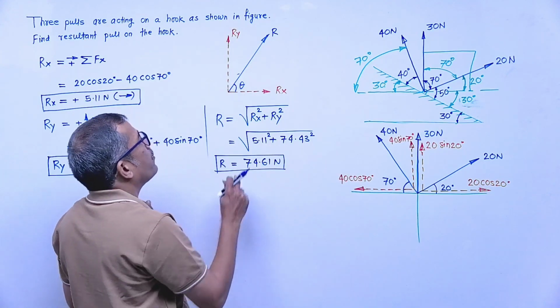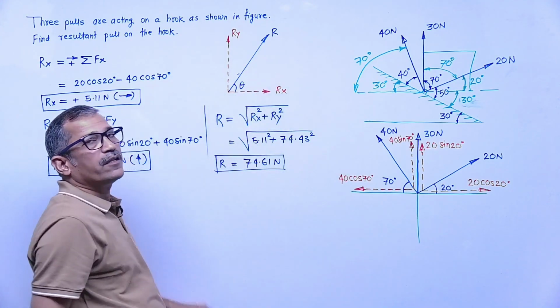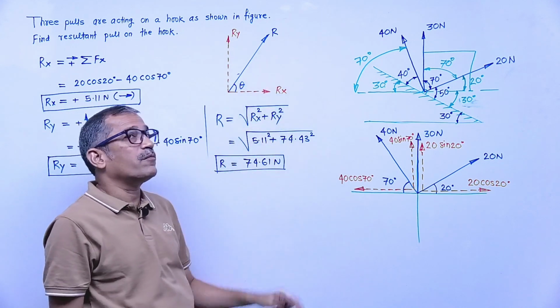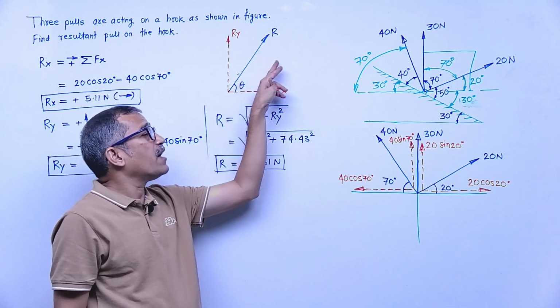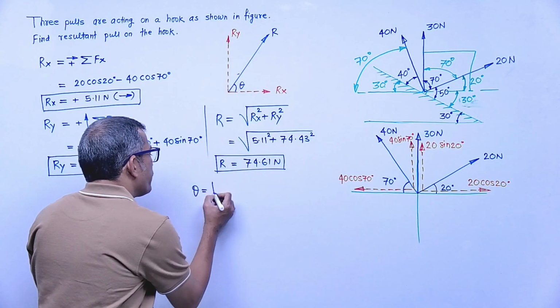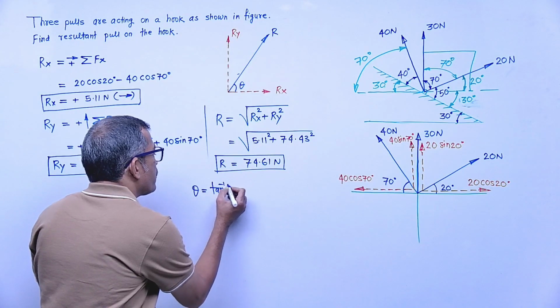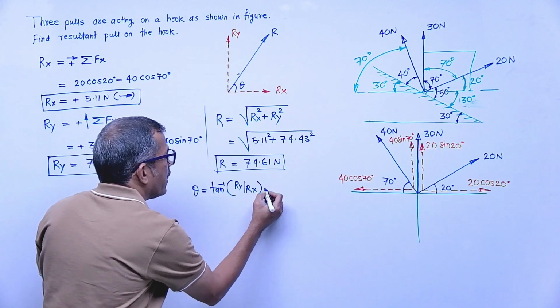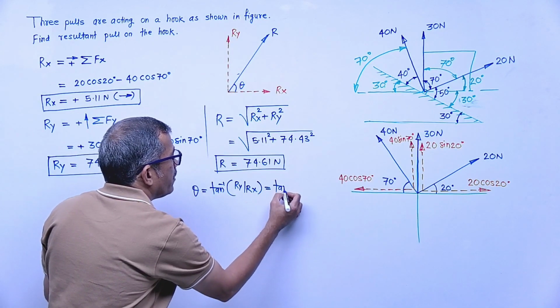Angle, how will we find out? If you take tan of any angle, it is always what? Opposite upon adjacent. Its opposite means vertical. Vertical means Ry. Tan theta is Ry upon Rx. Means theta is tan inverse of Ry upon Rx. Substitute your values.